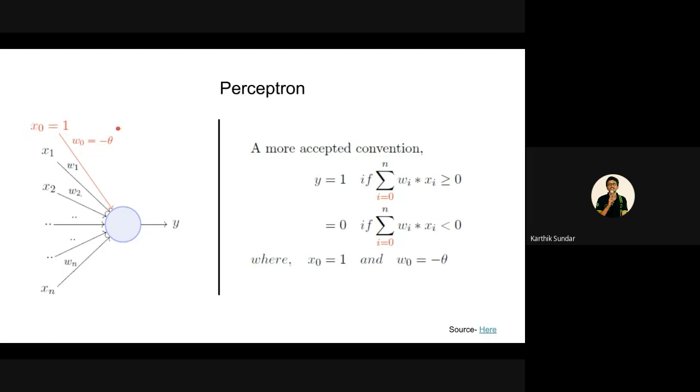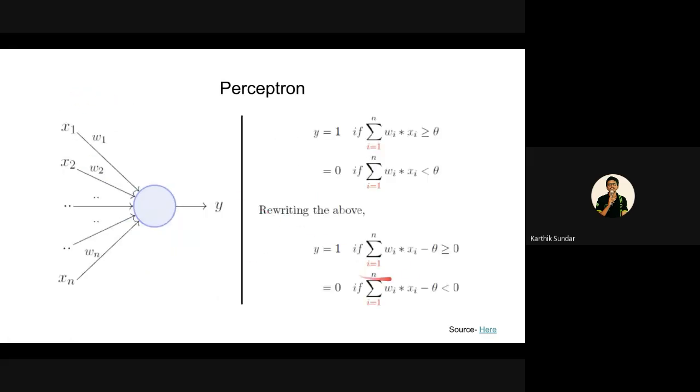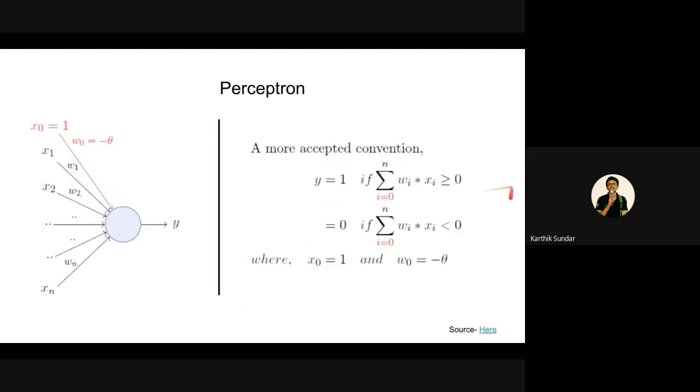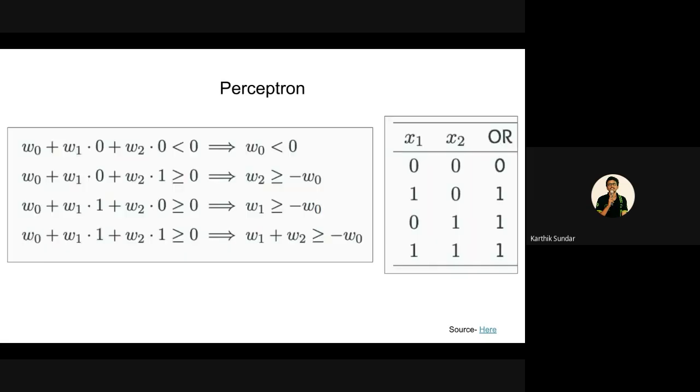If you sum up, it is going to give the same equation, but written in a different form, where we add an extra input and set the weight to be minus theta. Why is this useful? Since we have to learn all the W's, we can learn them in one go. That's the intuition behind rewriting the old equation to the new equation. So that's the base of the perceptron model.